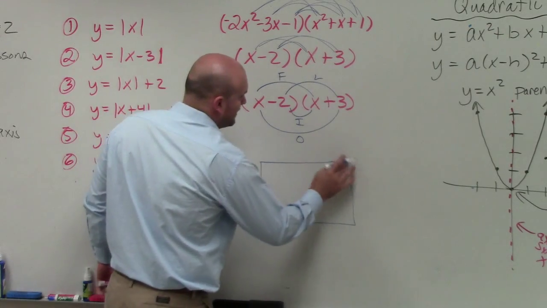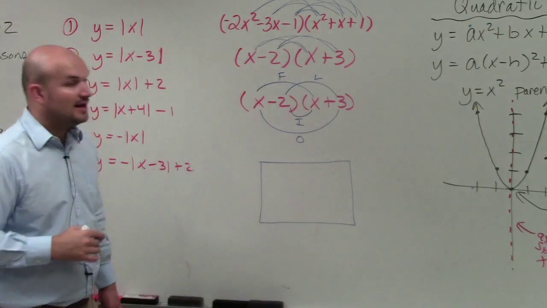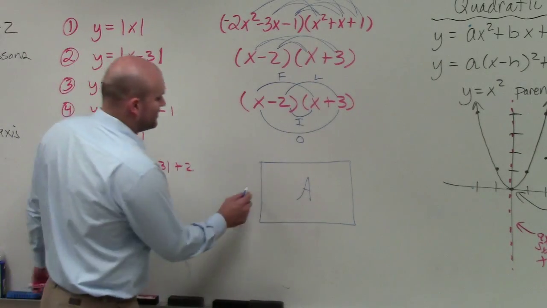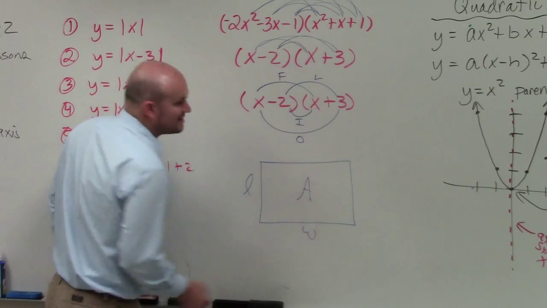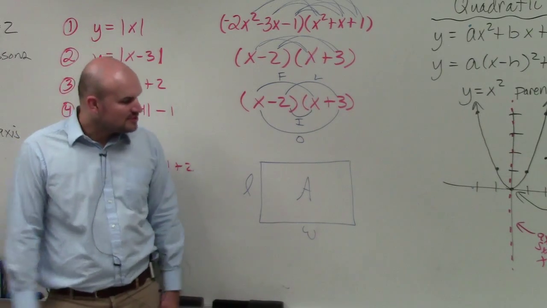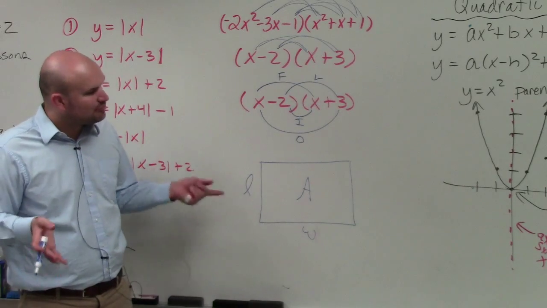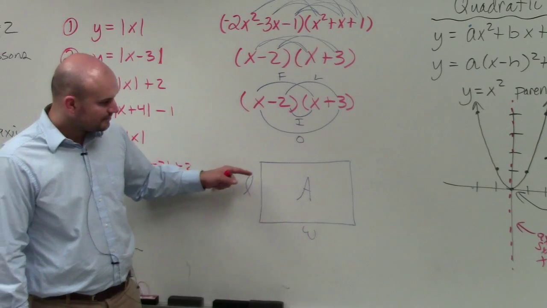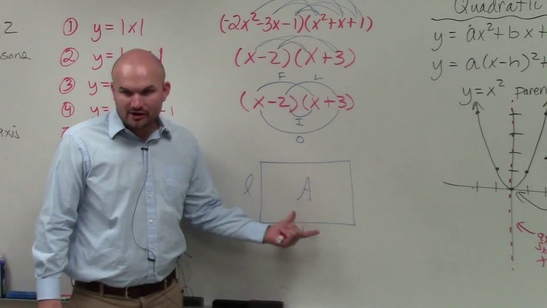So if you look at a box or a rectangle, and I say I want to figure out the area, hopefully you remember that area can be represented by multiplying length times width, correct? So basically, the product of two terms or expressions is going to be represented by the area.